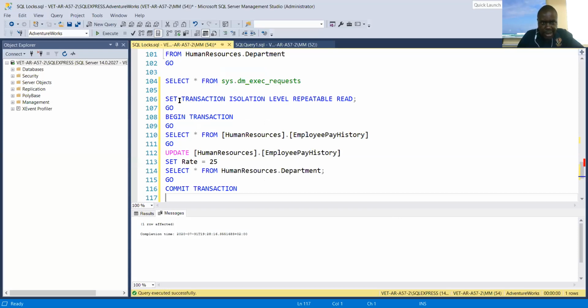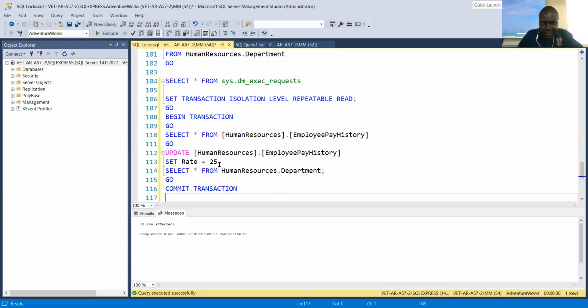We are setting the isolation level to repeatable read, and then we begin the transaction. The transaction means selecting data from this table, and then we're going to update all the employees.